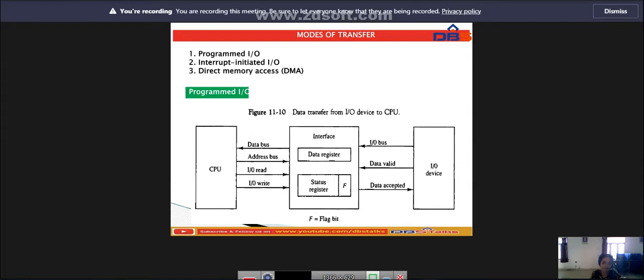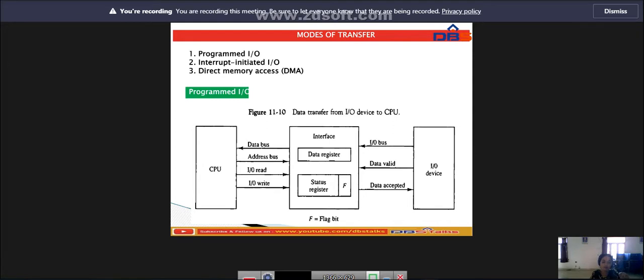I am going to explain this briefly. At the right side I have the input output devices. The devices transfer bytes, one at a time as they are available.